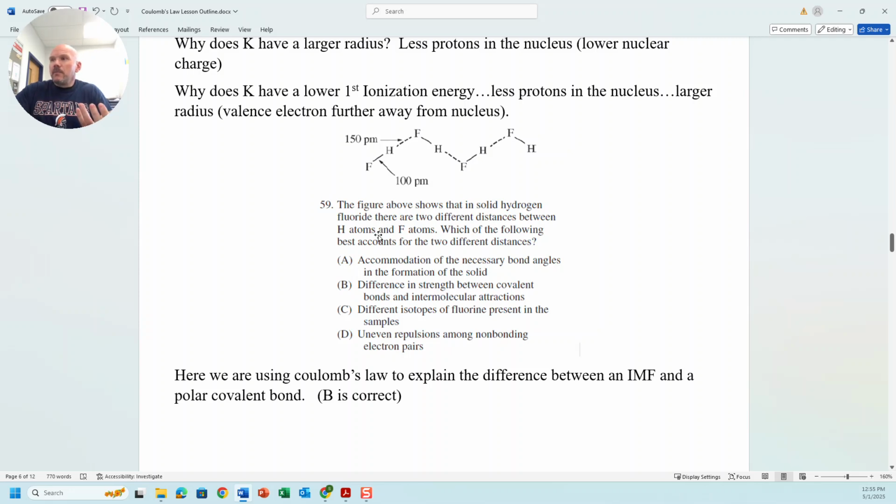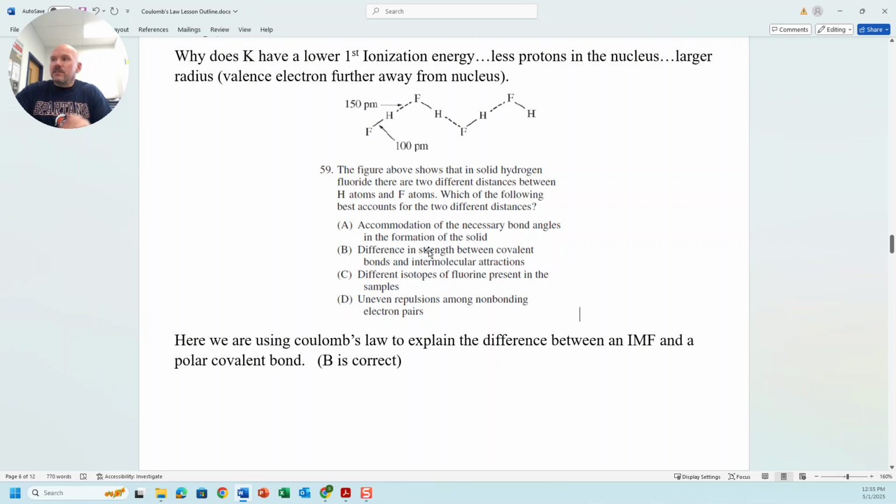So which of the following best accounts for the two different distances? The answer is B here, the difference in strength between covalent bonds and intermolecular forces. So this is just trying to bring in Coulomb's law and tell you why there's a difference in strength between these atoms. When it's these two atoms here versus these two atoms here, they're the same atoms, but these are atoms within a molecule.